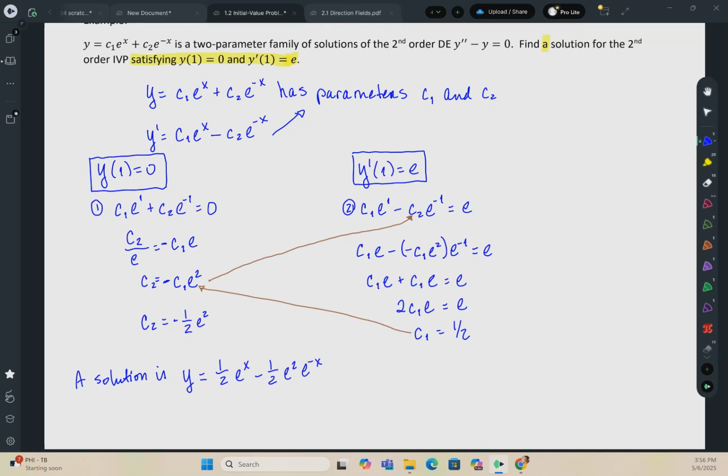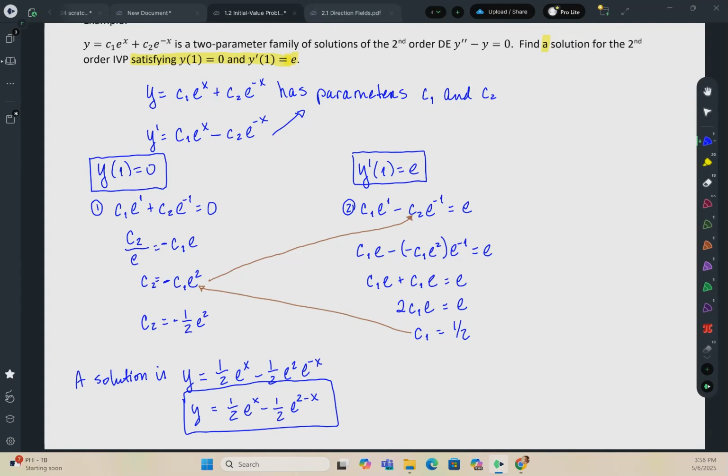We might rewrite this one more time just to combine the e squared and the e to the minus x to be 1/2 e to the x minus 1/2 e to the 2 minus x. And this is what they were after.